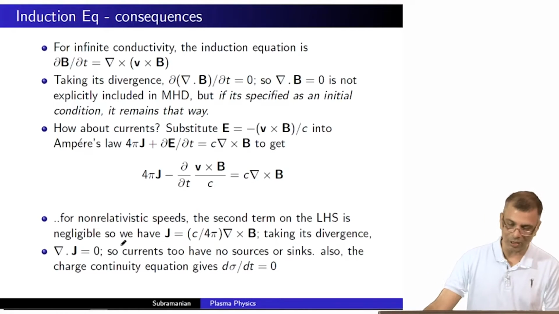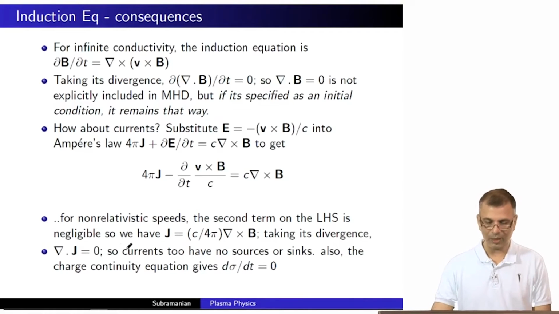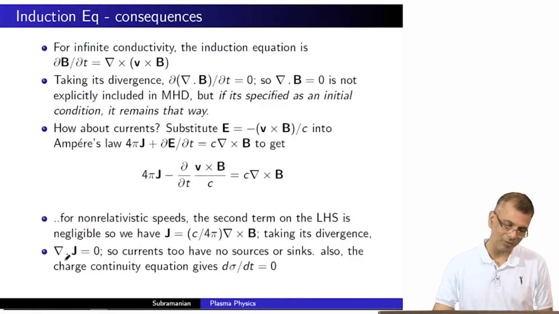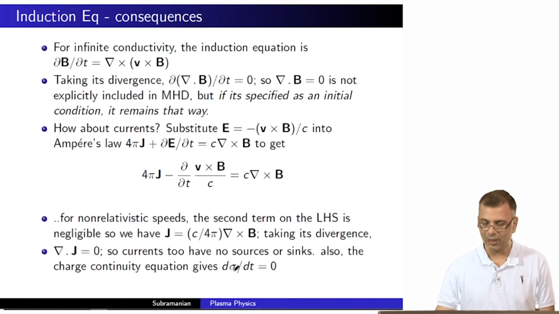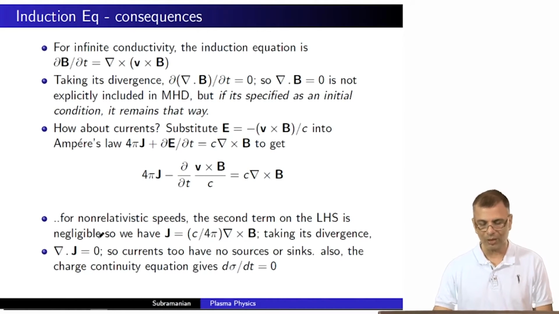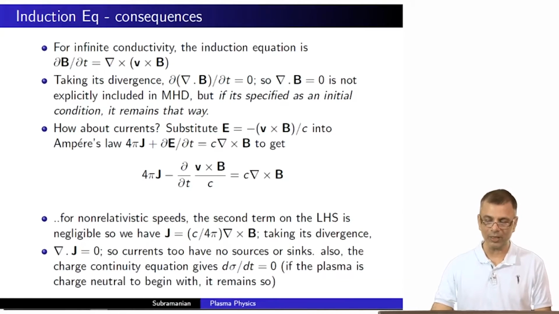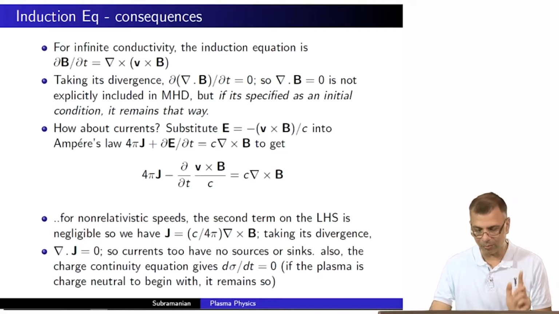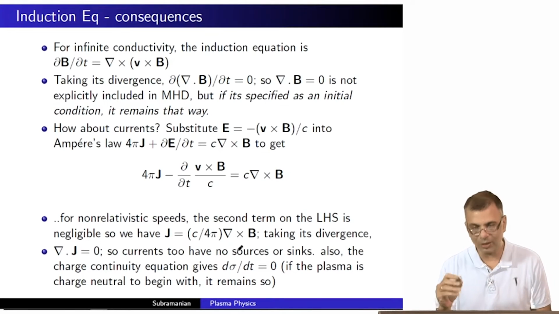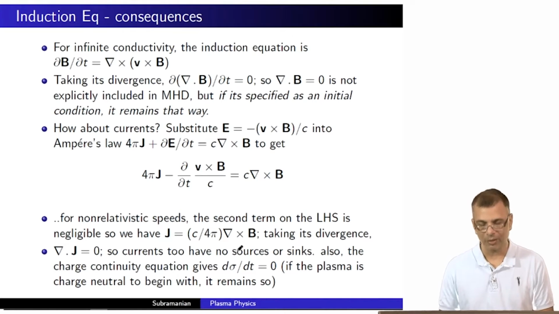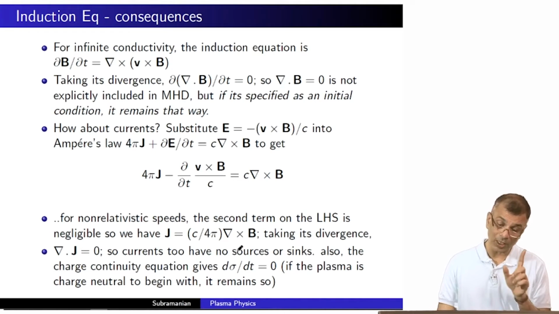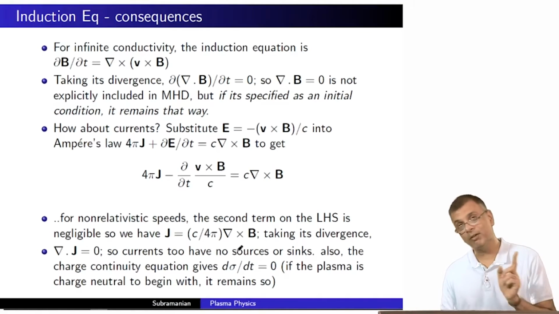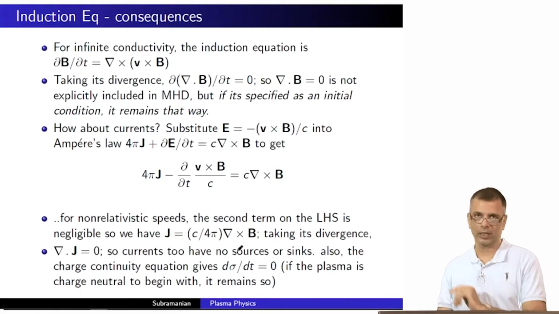And the other thing is the charge continuity equation, which essentially said that divergence of J plus d sigma dt was equal to zero. Since the divergence of J is equal to 0, d sigma dt is also equal to 0, right? So, in other words, if the plasma is charge neutral to begin with, where sigma is the net charge density, you remember, it remains that way for all time.